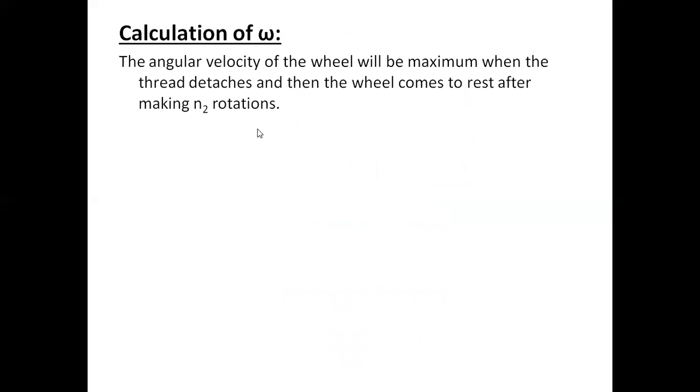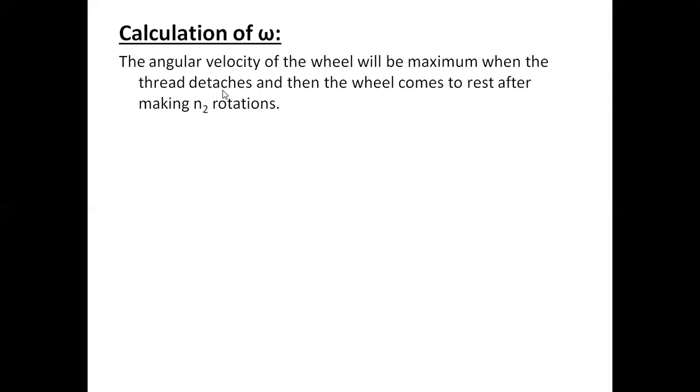Then calculation of omega. Since here the angular velocity does not remain constant, after the peg detaches from the axle, the flywheel rotates with the maximum angular velocity initially, and finally due to friction it comes to rest. Hence the value of omega does not remain constant, so we have to calculate the angular velocity by taking the average velocity.